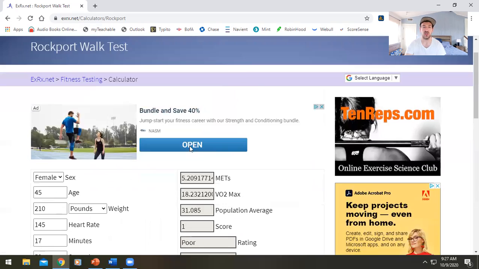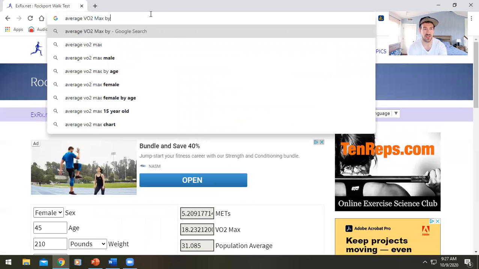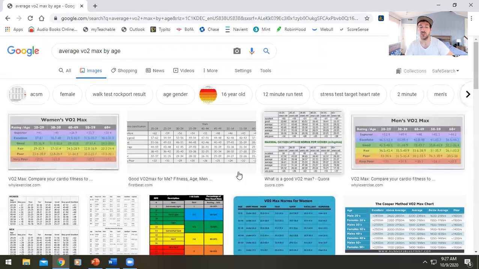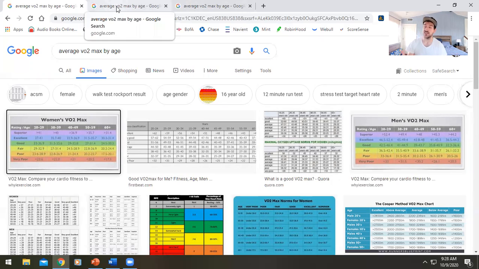What we're looking for is average VO2 max by age. Your VO2 max is how much oxygen you can consume in about a minute's time. The more oxygen you can consume, the better shape you're in. Basically your blood cells, your muscles, your heart, all those things can supply plenty of oxygen, so you can consume lots of oxygen.